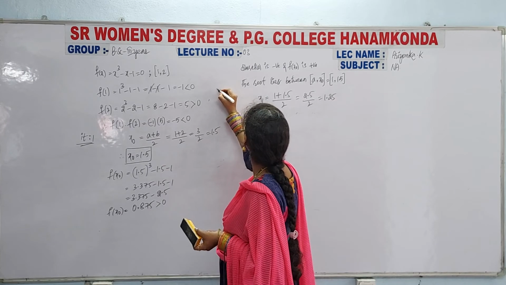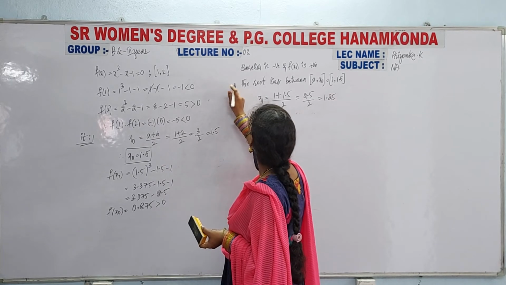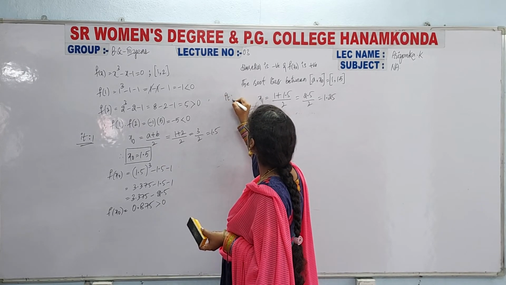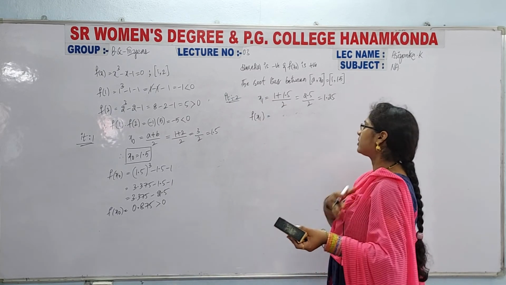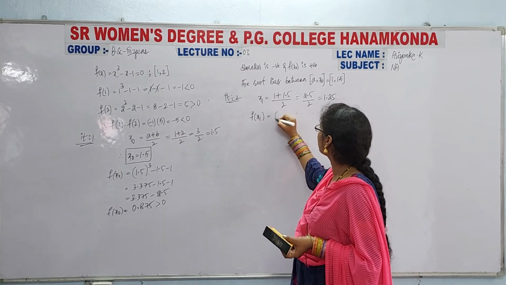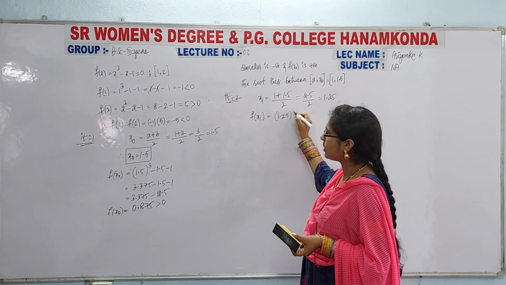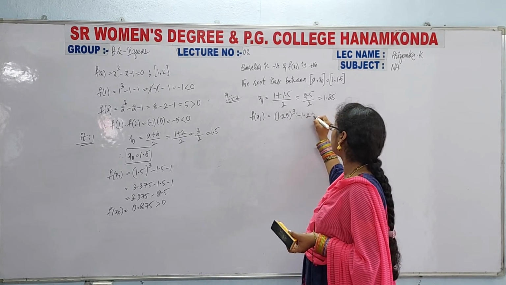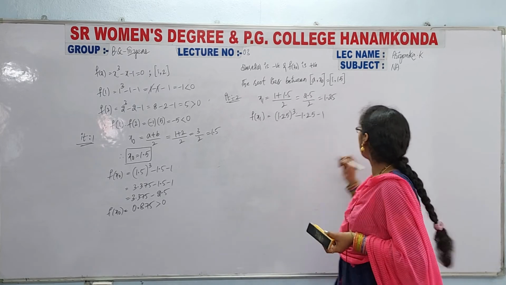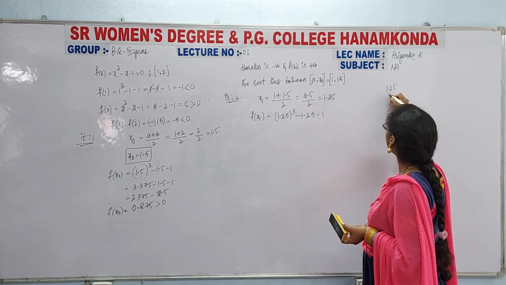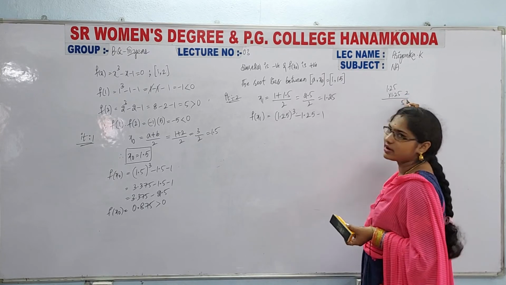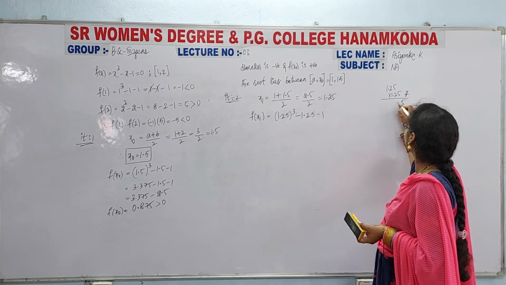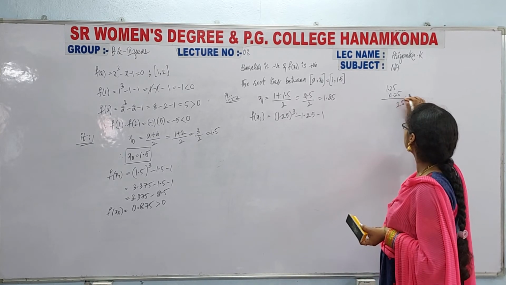Okay. Now from here, iteration 2. So now here we have to calculate f of x1. f of x1 means 1.25 whole cube minus 1.25 minus 1. Now 1.25 into 1.25. Again 5 5s are 25. 5 2s are 10, 12. 5 1s are 5, 6.